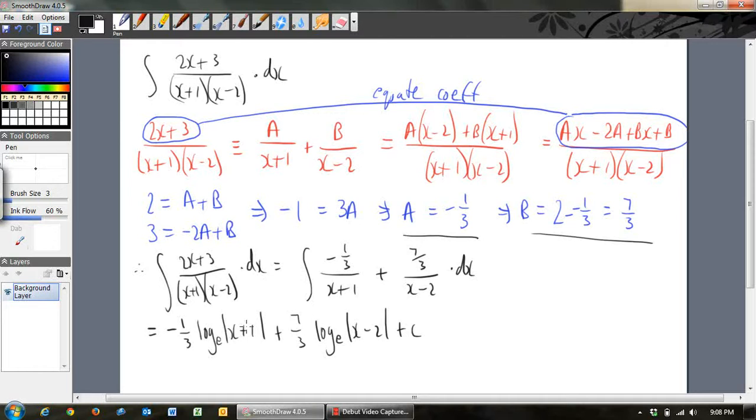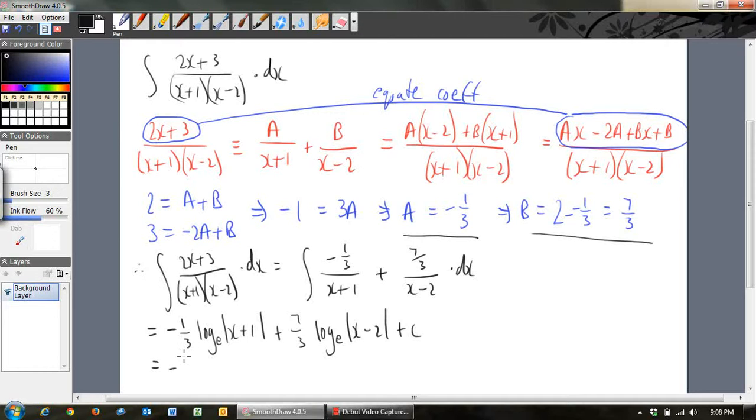It can be simplified somewhat by taking a third out the front and using log laws. I've just run out of space here, but I'll show you this in class. But what you do, I'm going to do it in one.